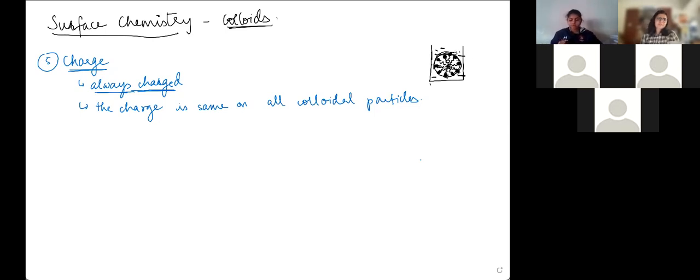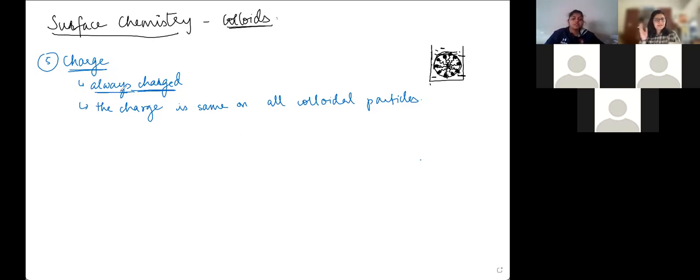If we take another colloid, for example a positive colloid, like hemoglobin in blood, all the hemoglobin particles will always have a positive charge because of the Fe that is there. All the hydrated metal oxides will have positive charge only. All the metal colloids like gold in a solution, copper, all of that will have negative charge only.